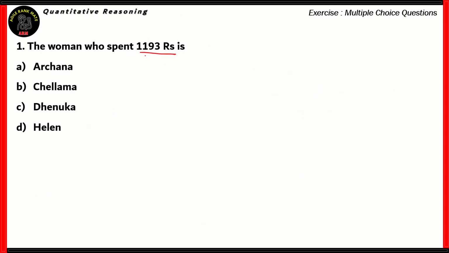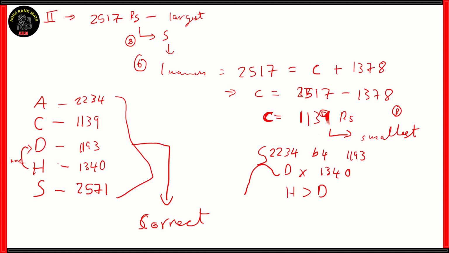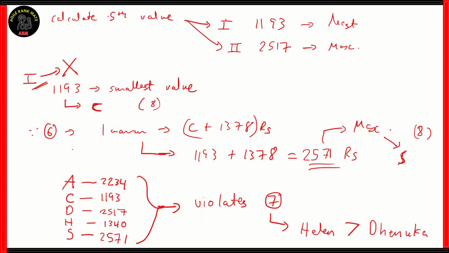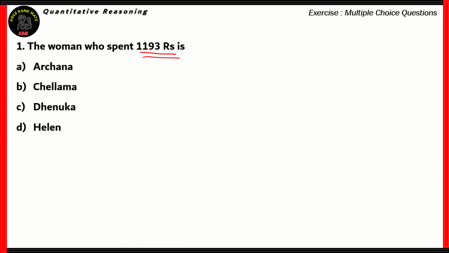The first question asks, which of the women spent 1193 rupees? We have A. Archana, B. Chelama, C. Dhanuka, D. Helen. If we look at our scenario, we can see that Dhanuka spends 1193. So therefore, option C, Dhanuka, turns out to be the right option.